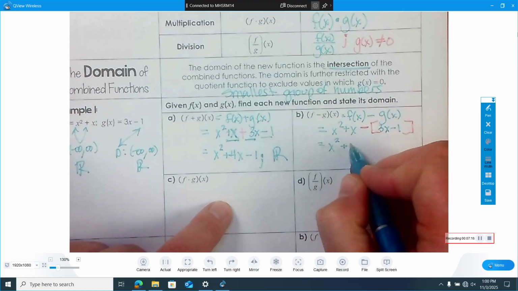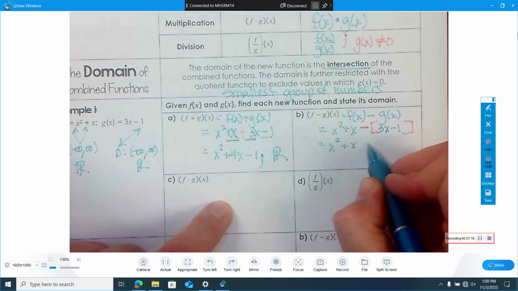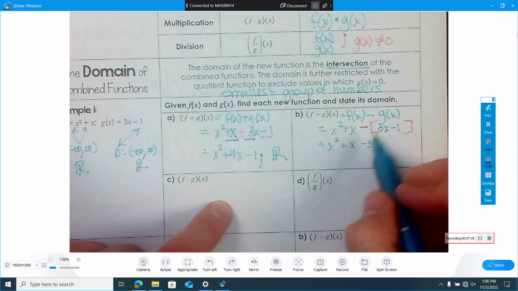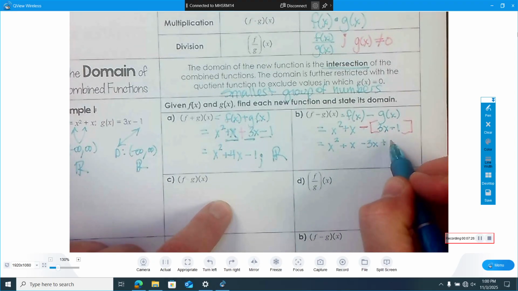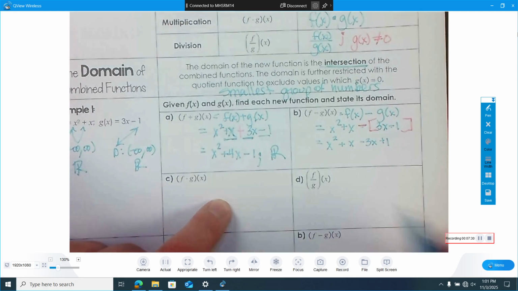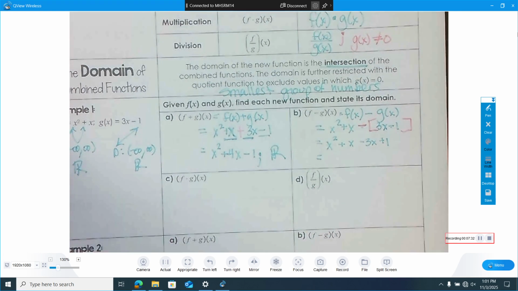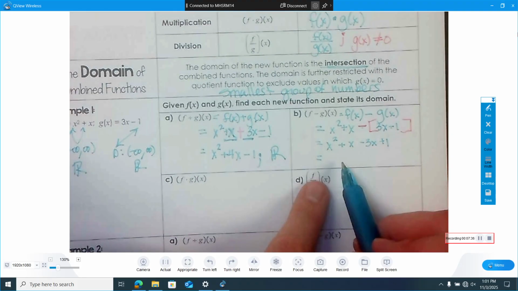So I have x squared plus x. Negative times 3x is negative 3x. And negative times negative 1 is positive 1. So distributing that negative, and then we can combine our like terms. We got x squared.